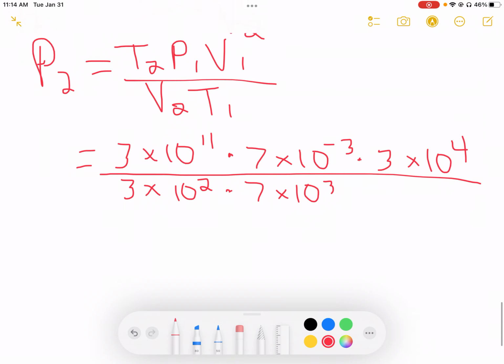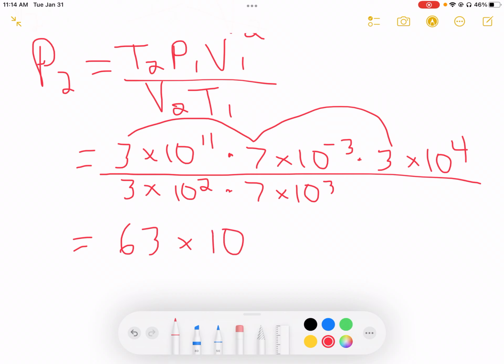Otherwise, the cool thing about scientific notation here, and I'll finish here, is I can multiply all of my numbers that are in front. So I can do 3 times 7 times 3. That's 21 times 3, which is 63. Then I can say times 10, and I can add up all my exponents: 11 minus 3 is 8, 8 plus 4 is 12.